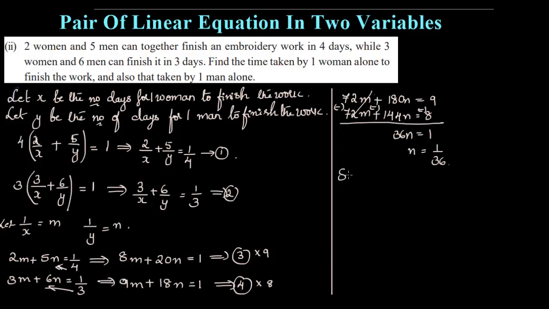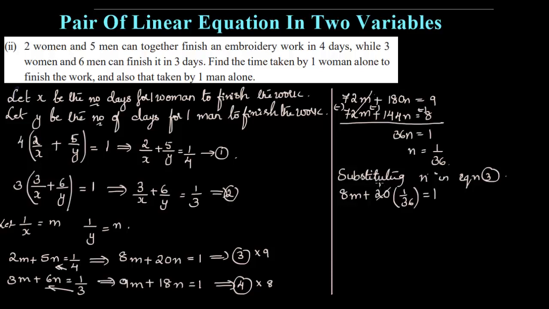So how will you find it? By substituting n in any of the equations. Let me take equation 3. So let us check what I am going to get here. 8m plus 20 into 1 by 36 is equal to 1.